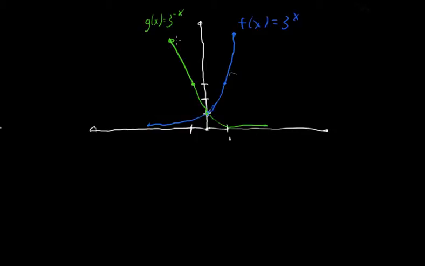And this function here, g of x equals 3 to the negative x, well, whatever happened for a given value x in f of x equals 3 to the x is going to happen for that same value of negative x in g of x equals 3 to the negative x.